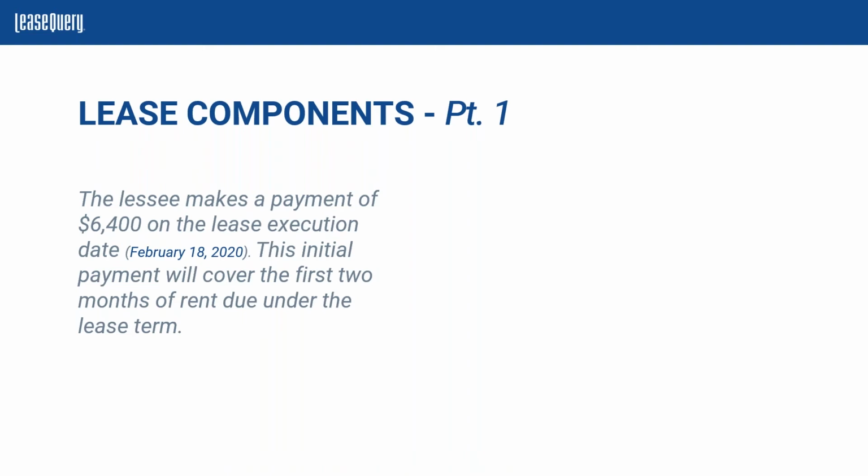Well, the $6,400 is prepaid rent. And so generally prepaid rent is going to be a component. It's actually going to be included here in our calculation. But when the payment is made in February, worth noting that the lessee is going to have to make an entry, and they're going to debit a prepaid for those 2 months, and of course credit the cash because they're making the payment.